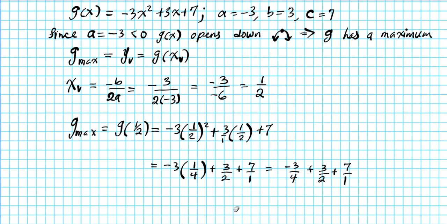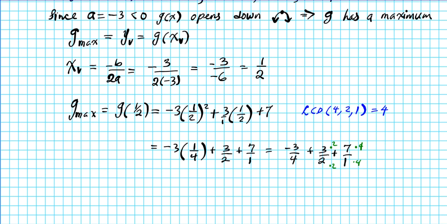Now to combine these fractions, we just have to find the LCD of 4, 2, and 1. We already did this before. It's 4, right? So let's make all the denominators 4. This will times by 2 top and bottom. This one will times by 4. So that gives us negative 3 over 4 plus 6 over 4 plus 4 times 7 is 28 over 4.